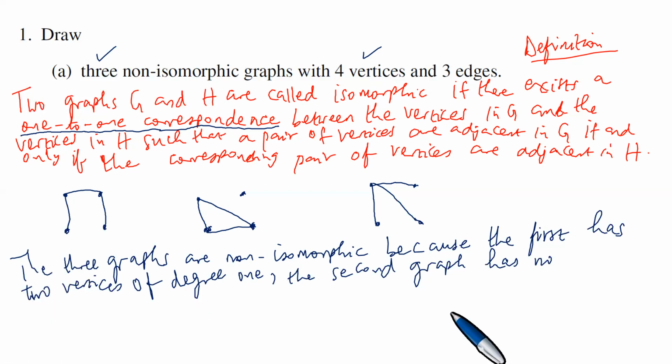If they ask you to draw, it's very important to substantiate why the graphs you have drawn are either isomorphic or non-isomorphic, because they can ask you to draw either isomorphic or non-isomorphic.